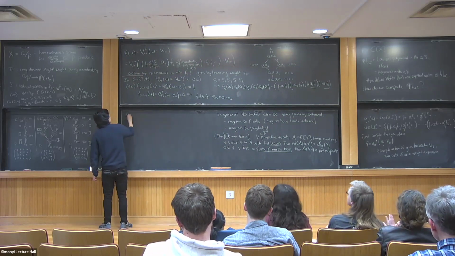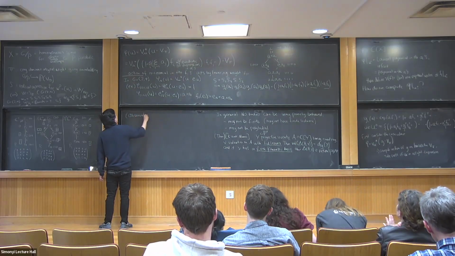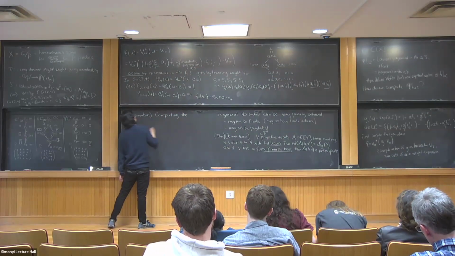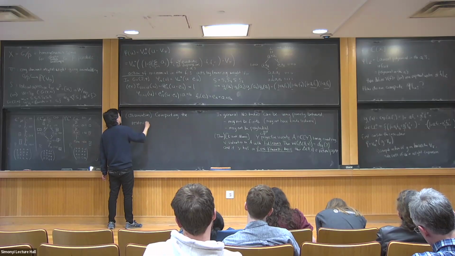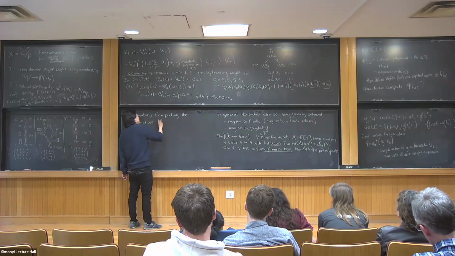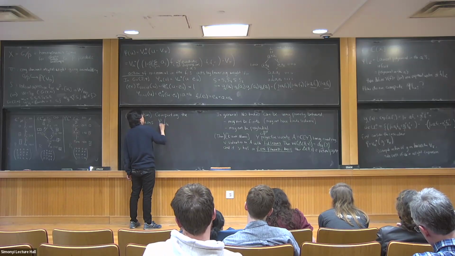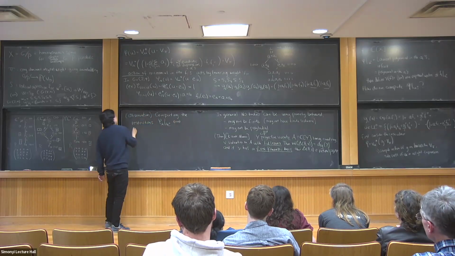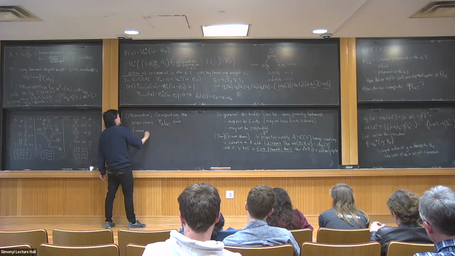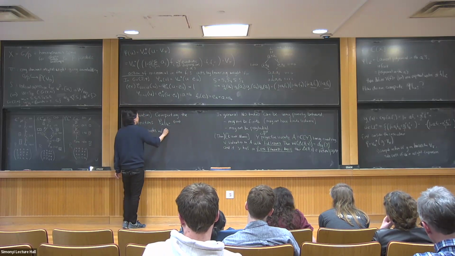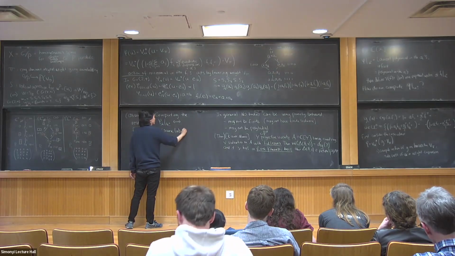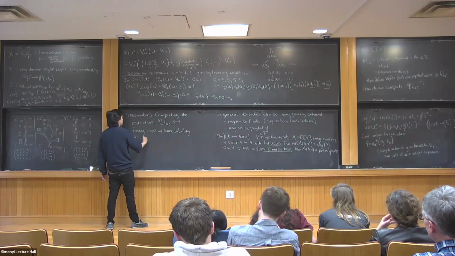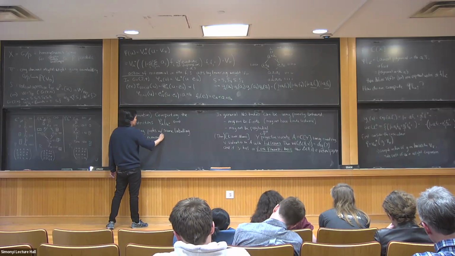So the key observation here is that computing these restrictions, the mu minus circ, is equivalent to finding paths with the same label, as polynomials.